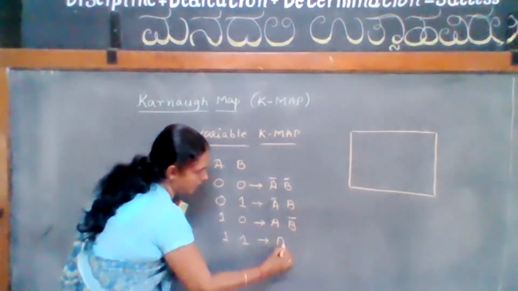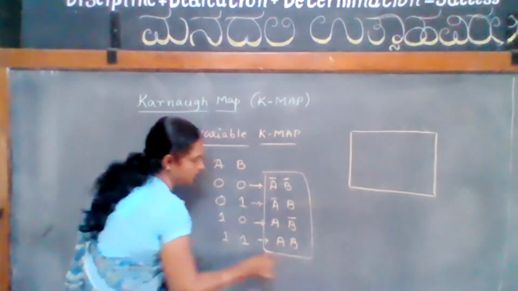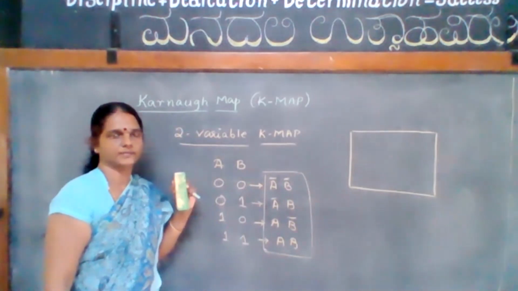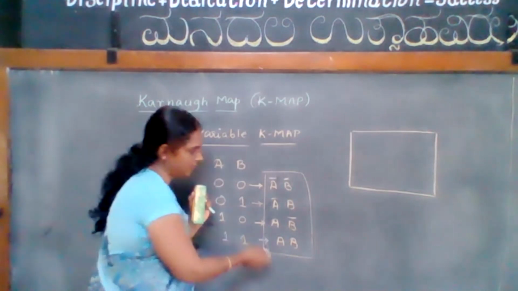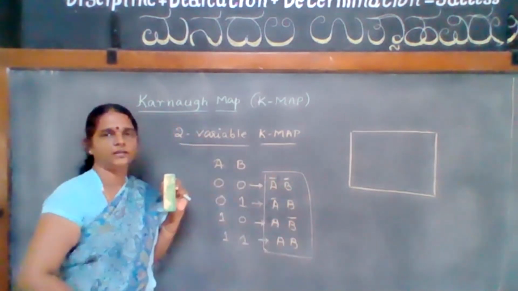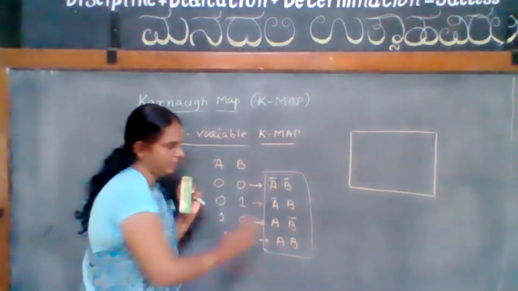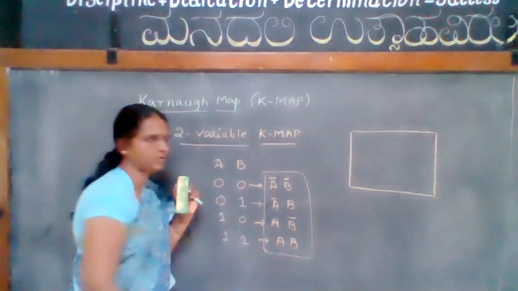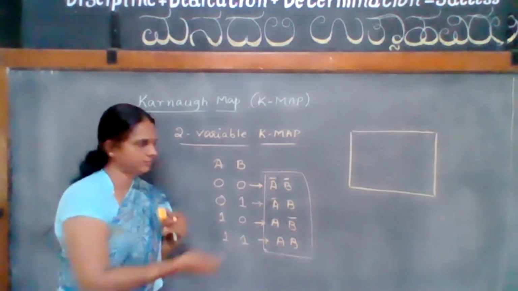Fourth one is A B. So these are the possible minterms for the two variables. So if any expression has only two variables, then the possible combinations which can appear in that expression are these four terms. Along with this, we can write any combination of this.